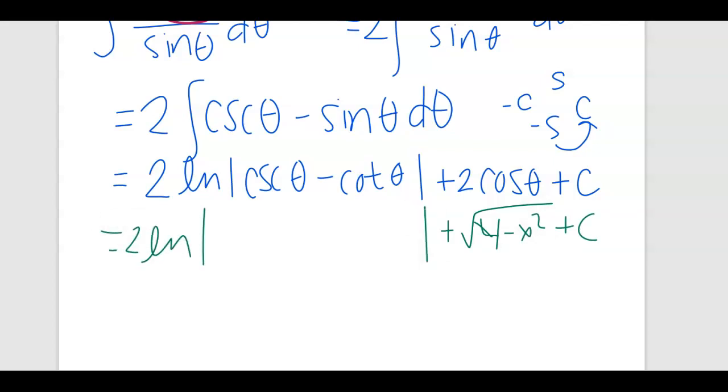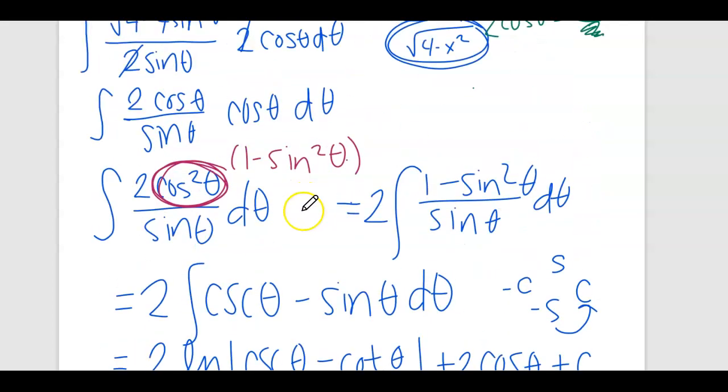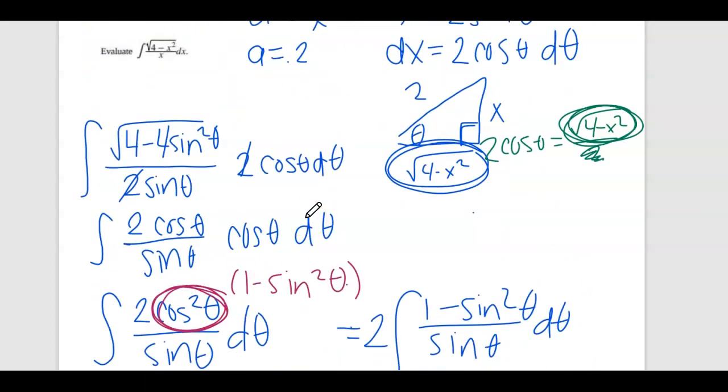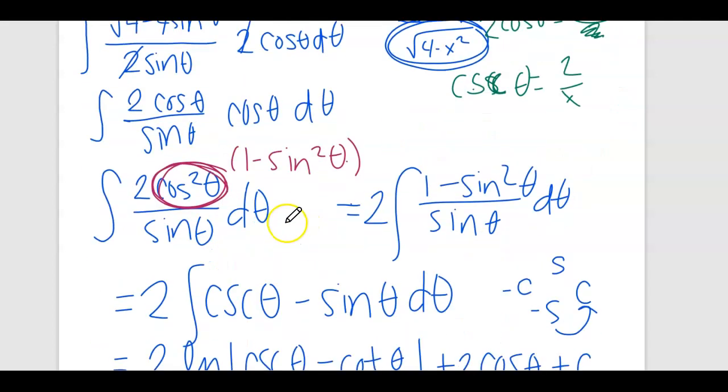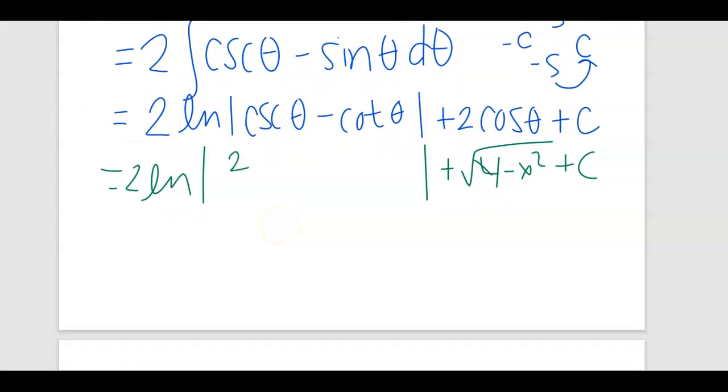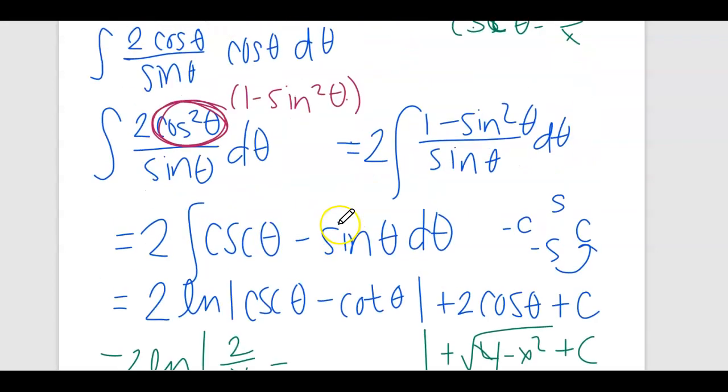All right, let's figure out what cosecant of theta is. Cosecant of theta is 1 over sine, so that's going to be 2 over x. And then let's think about what cotangent would be.